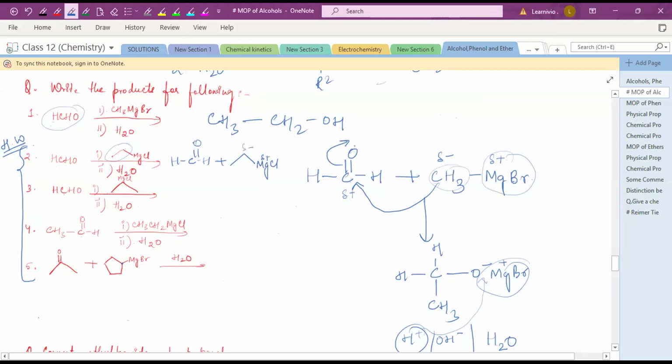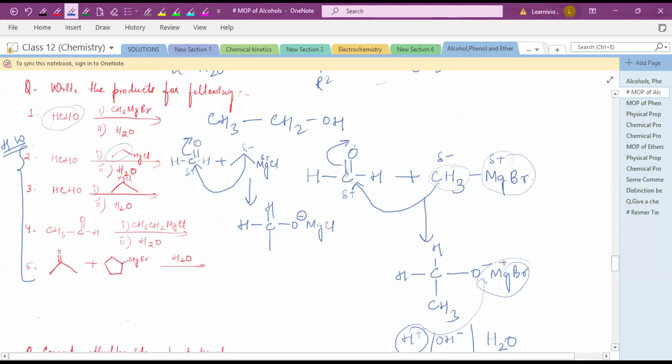Between carbon and oxygen, the carbon will get a partial positive charge. So this carbon will get attached here, and this bond will shift. So what you get is H, C, H over here, oxygen with a negative charge, and MgCl.